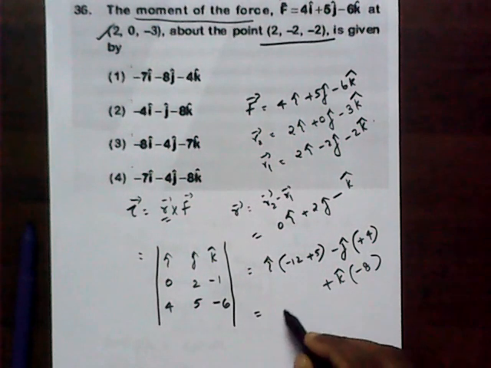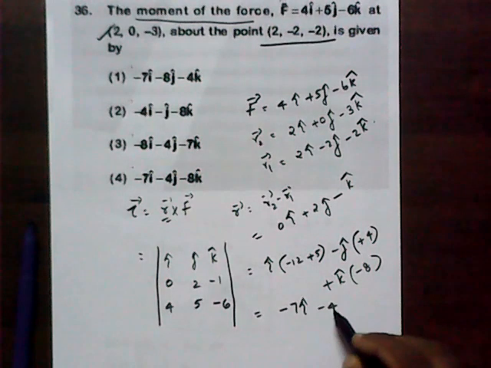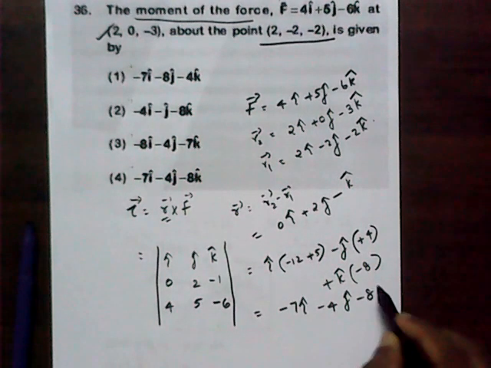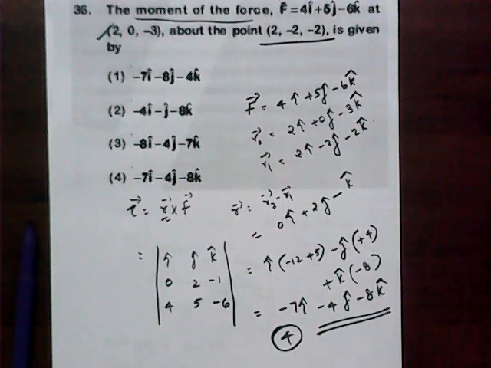So you get the answer minus 7i minus 4j minus 8k. So you get the answer as choice 4.